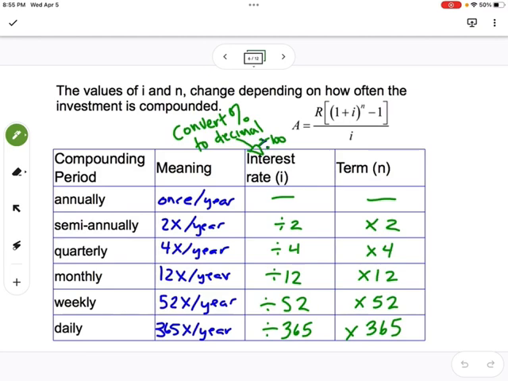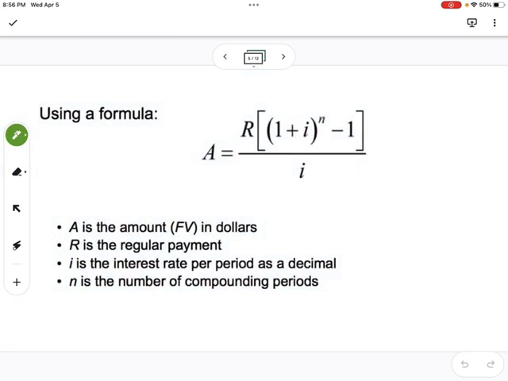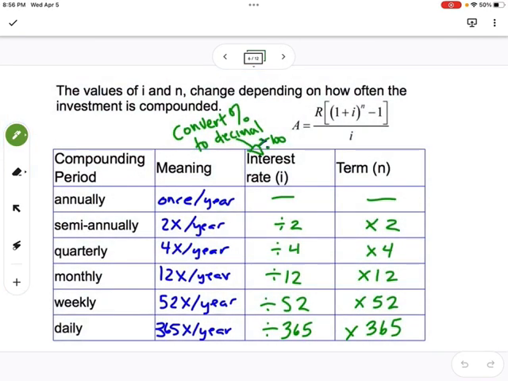So in order to calculate some of these, our regular payment is going to just be what we're told in the question. But when it comes to our I and our N, so our interest rate and our number of compounding periods, we're going to have to do some calculations. So your interest rate, you're going to be given as a percent.